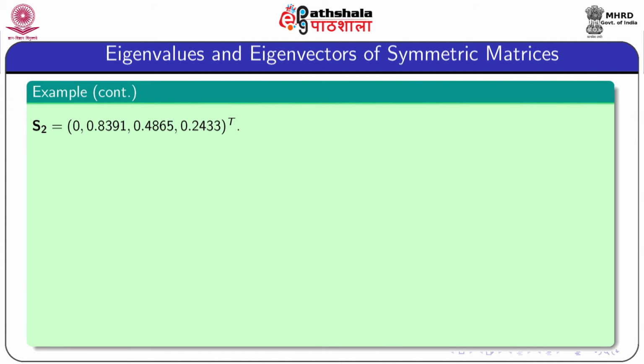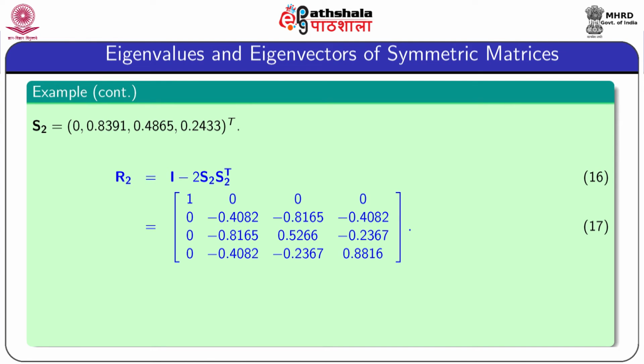That means S2 is a column vector whose first element is 0, second is 0.8391, third is 0.4865, and last is minus 0.2433. Thus, the rotational matrix R2 equals I minus 2 S2 S2 transpose. After using the values of the vector S2, we get the matrix R2 given by equation 17.